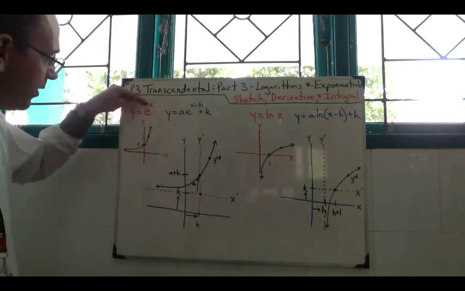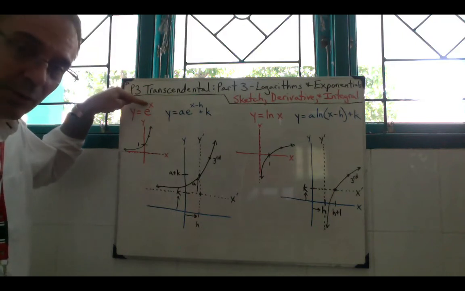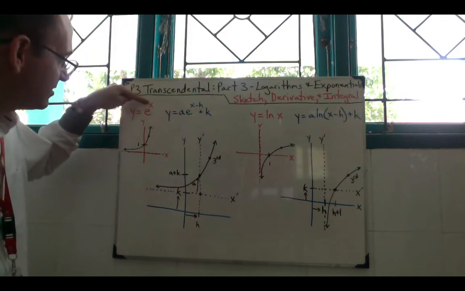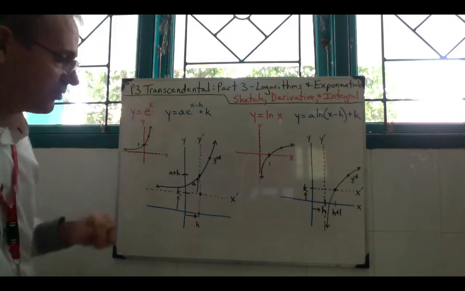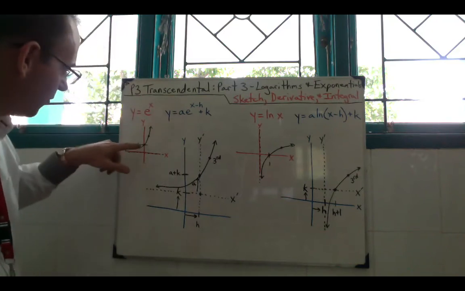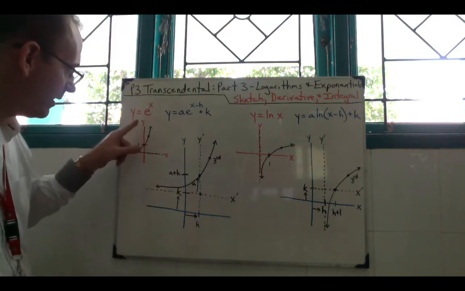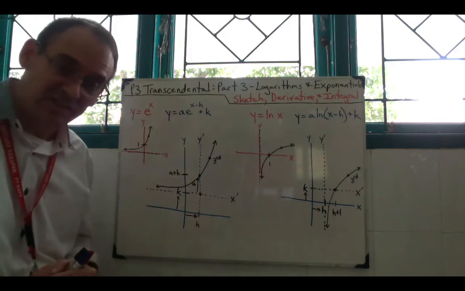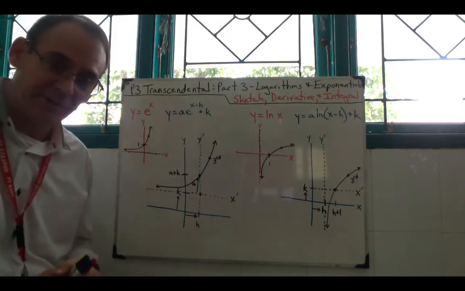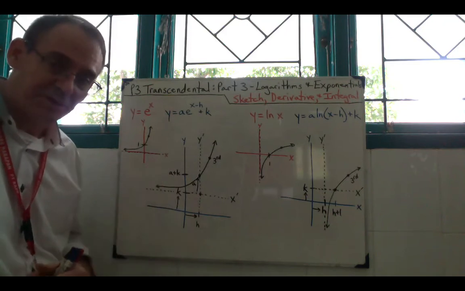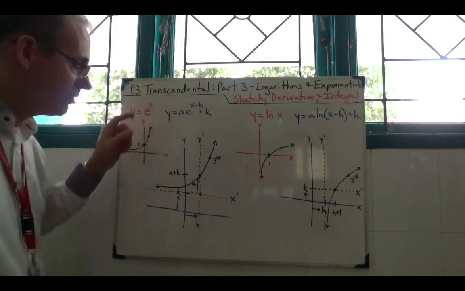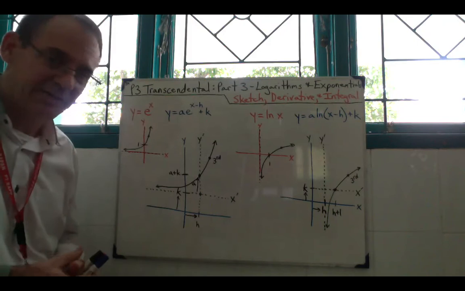Well, the easiest point is when x equals 0 on the y-axis. When x is 0, any base to the 0 power is 1. So it should cross at 1 on the y-axis. That's an easy point. Now we have 2 points of reference. All we need is a third point. For that one, you can actually calculate it on your calculator.